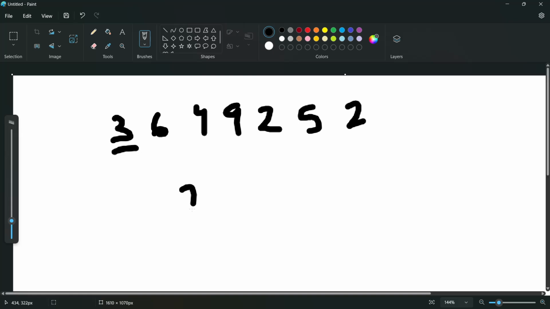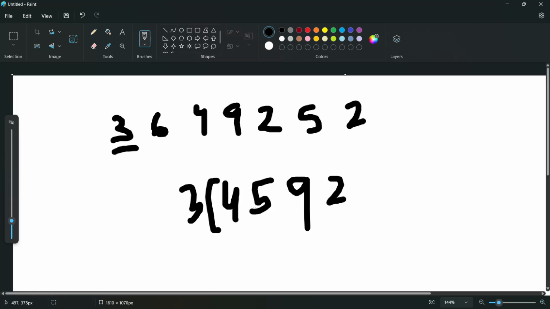So suppose it was 3, 4, 5, 9, 2. No matter what sub array we pick, we can't remove 9. Removing 9 is impossible.